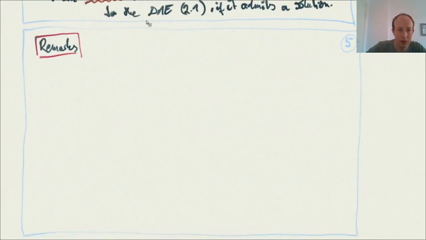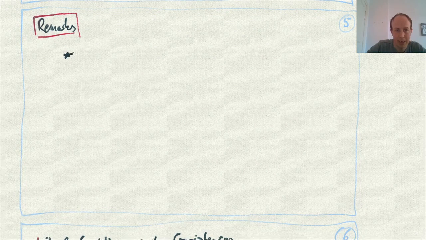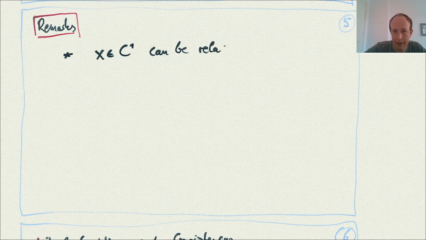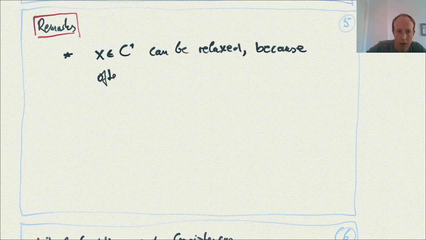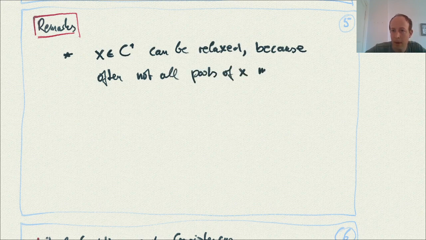First, I want to make two short remarks. So that x should be in C1 can be relaxed, because often not all parts of x need to be differentiable.